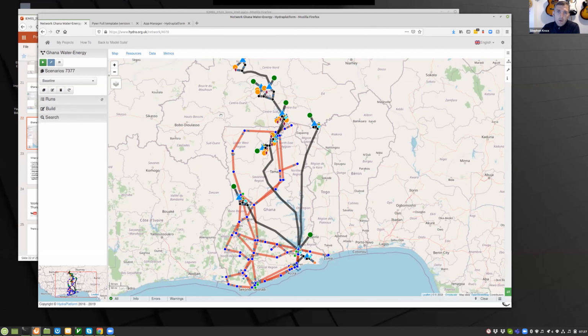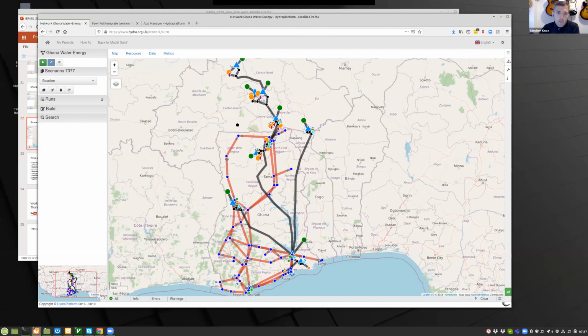And one of the issues that we've dealt with, I guess every modeler has dealt with the same kind of situation, is that it's kind of patchy. Some of the information is really excellent and some of it is less so. And then you have the energy sector, which again is quite the same thing. You have to go to the energy sector in Ghana and ask them for the data, and you're kind of bound by what they can provide.